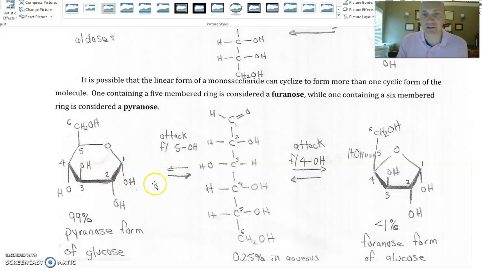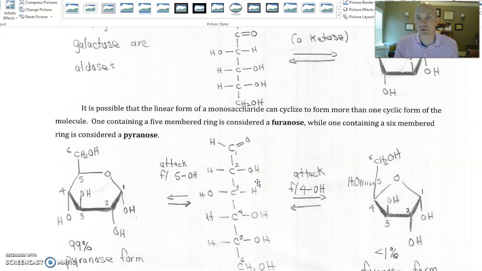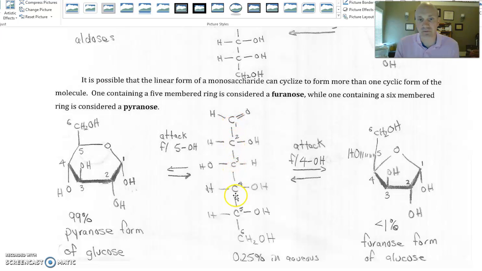In the classic example, most sugars, most hexoses, which means monosaccharides that have 6 carbons in them, have a possibility to make both forms. A classic example is glucose.